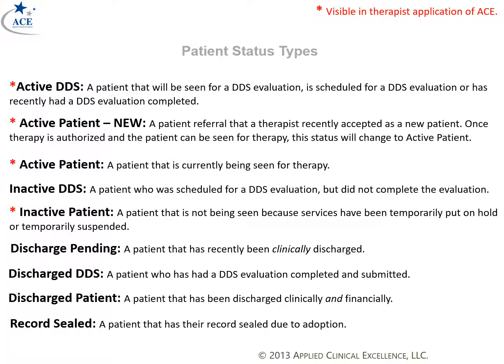Discharged patient is a patient that has been both clinically and financially discharged from the practice. Record sealed is a patient file that has been sealed due to adoption. Any status types with a red asterisk indicate that an assigned clinician can see these patients on their patient list.